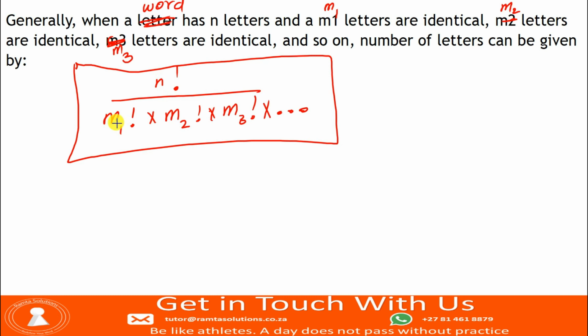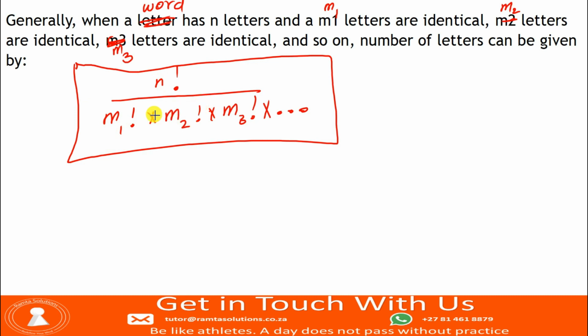If it's identical 2 times, it'll be 2 factorial. If there are 2 different letters that have identical letters, you will say M1 factorial times M2 factorial, but we will look at that.